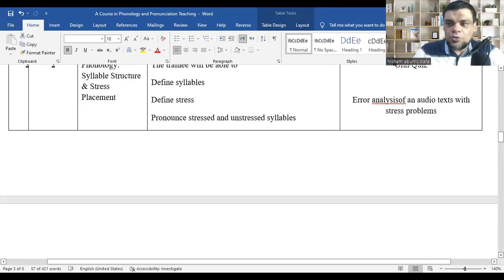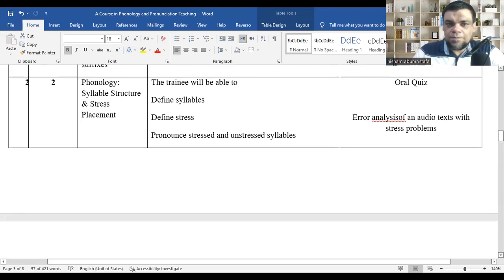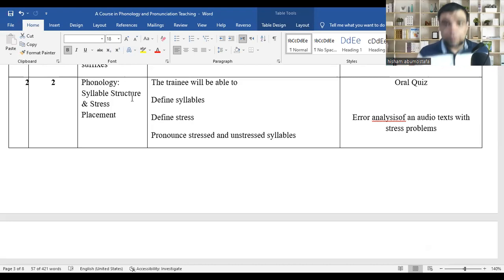In the second session, we're going to study syllable structure, the structure of the syllable. What is the definition of a syllable? How a syllable is structured, okay?